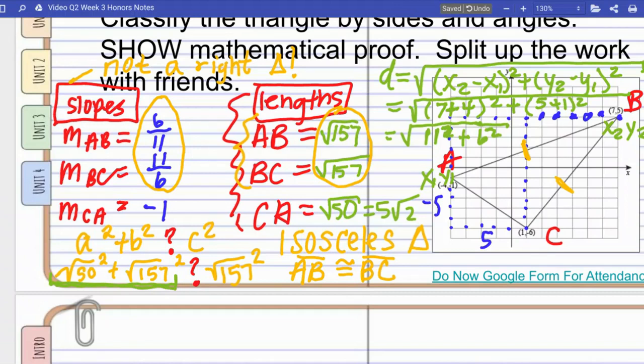And then 157, the square root of that squared is actually just 157. So on that side, you're just going to end up with 207. And on the right side of the equal sign is the square root of 157 squared. Well, that square root sign and the square cancel, so you're just left with 157.